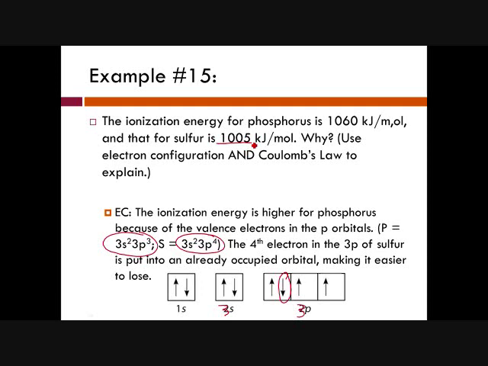Since the 3p orbital is uneven, it's easier to lose that extra electron. Does that make sense when you see it like this? And remember our teeter-totter rule about making things even? Some people would say, well, it's closer to fluorine, so it should have a higher number. And this is just one of those exceptions to the general trend.